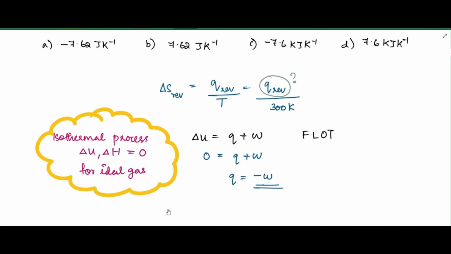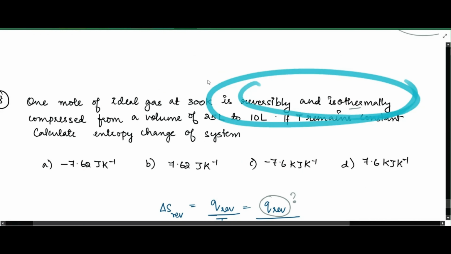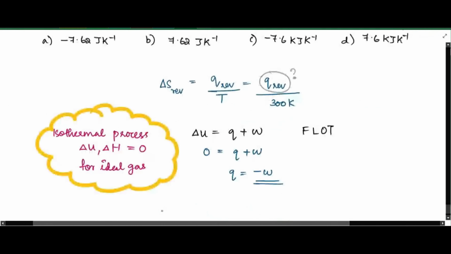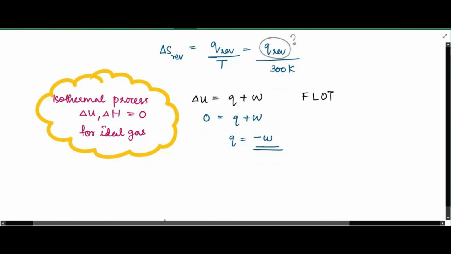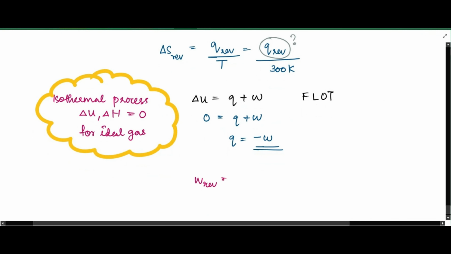Now the process is isothermal. It is happening reversibly. It's in the question. See, it's happening reversibly and isothermally. So what is the equation for reversible isothermal expansion? Minus nRT ln, we did this, P2 by P1.